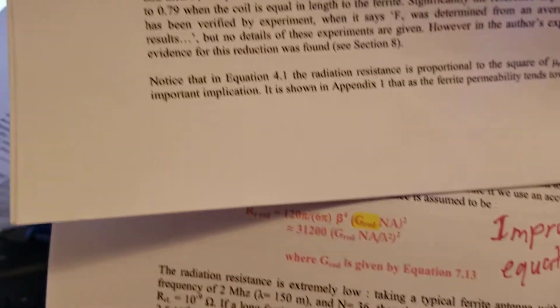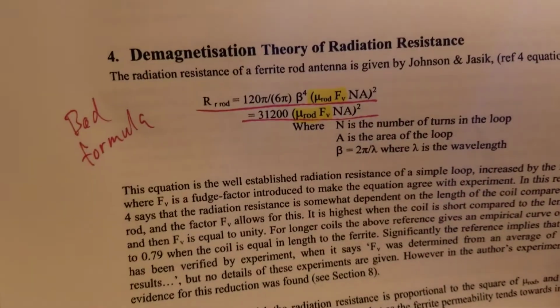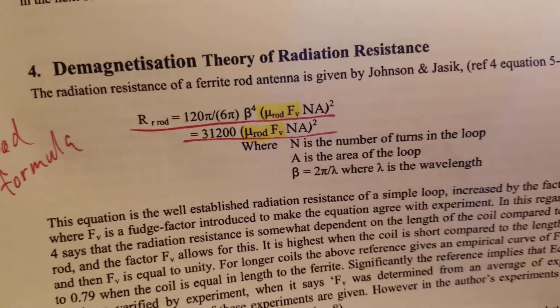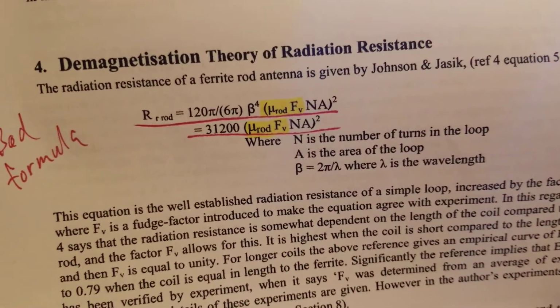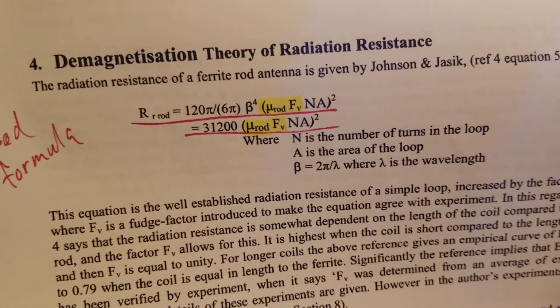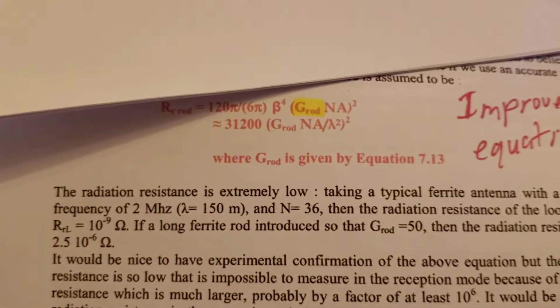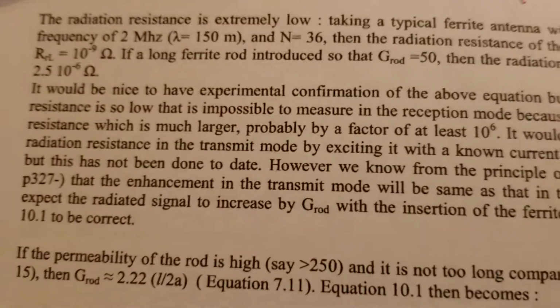So here you have something called mu f, and then down here you have something called g rod. But the rest of the equation is the same. If you look at the far right, you've got the number of turns times the area squared. Same thing over here. It's the number of turns and the area squared. So it's a very similar equation.